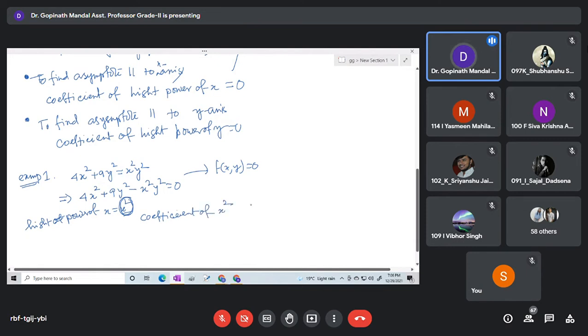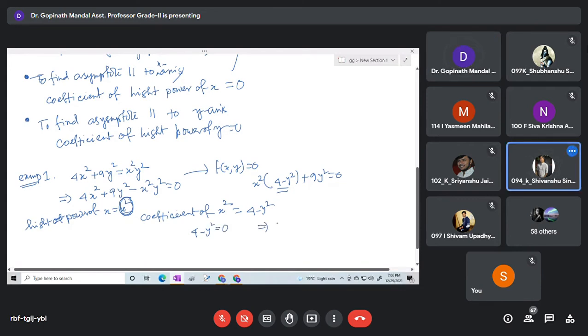The coefficient of x² here is 4 − y². So the coefficient of x² equals 4 − y². We have to make this equal to 0.